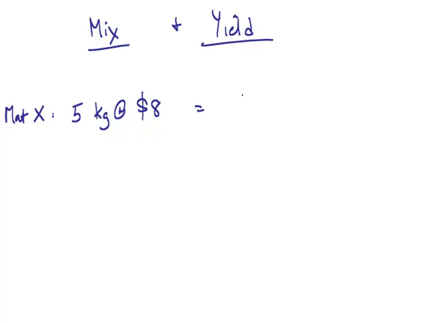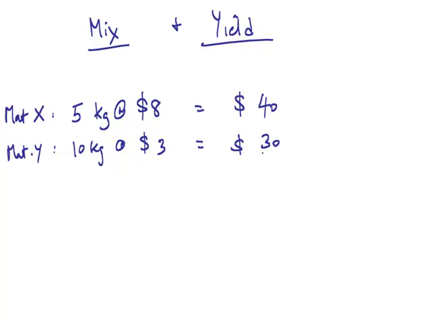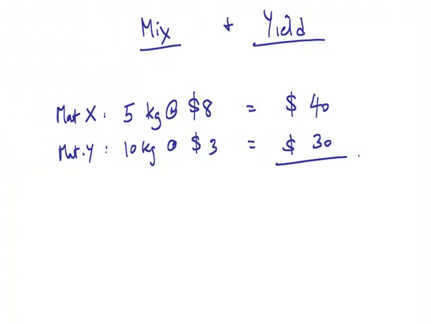That will give us, on a unit basis, $40 of material X used in 1 unit of output. Material Y: we need 10 kilograms, and that costs us $3 per kilogram. Therefore, we will have a total value of $30 of material Y in our product, and therefore a total of $70 of the two ingredients X and Y.